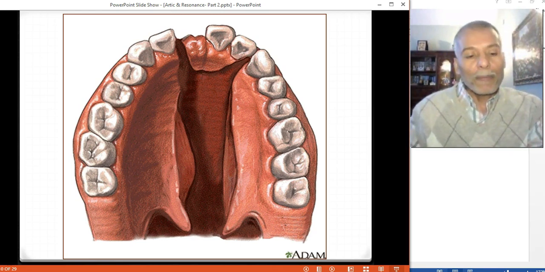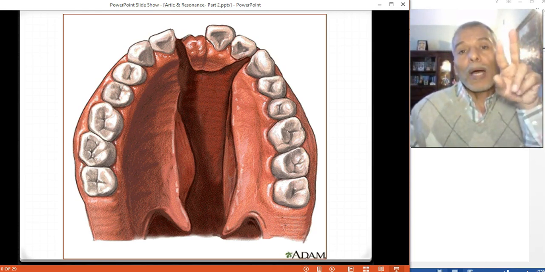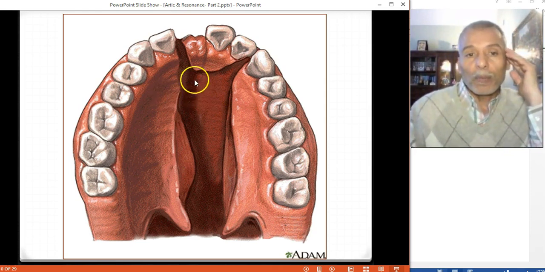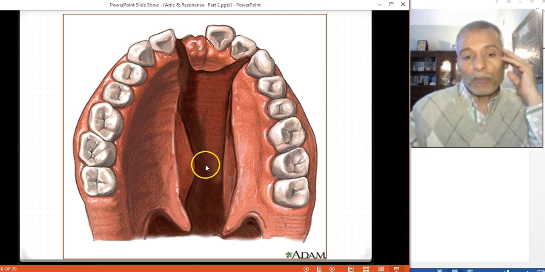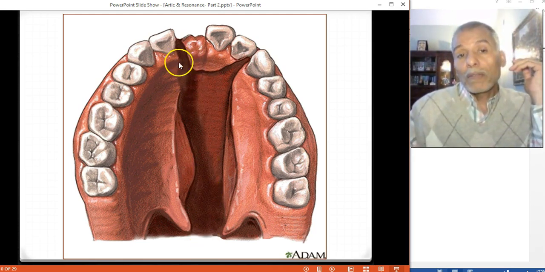So we have cleft lip and palate. We might have unilateral cleft lip or bilateral cleft lip, and then you have hard palate cleft all the way, and that continues through the soft palate because the fusion begins from the front and goes backwards.